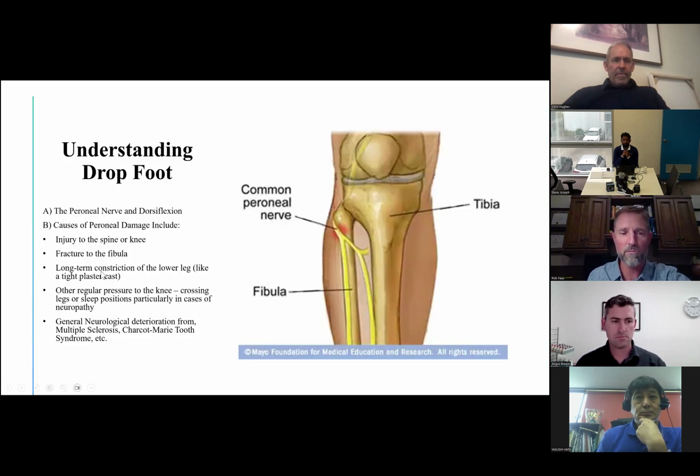External compression problems include constriction in a cast or a brace, direct pressure from trauma or from abnormal sleeping. Patients in drug-induced comas, or heavy alcoholics, will often come in after a 7 or 8 hour period where they were incapacitated, with a foot drop because of compression.